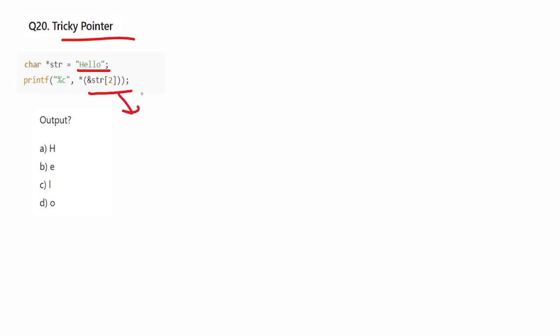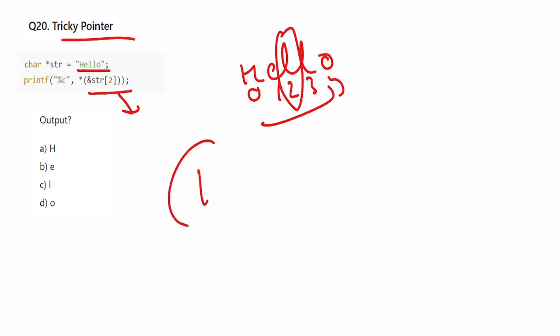This gives the value at index 2. We have hello: h 0, e 1, l 2, l 3, o 4. What do we get? L. Option C is the correct one.